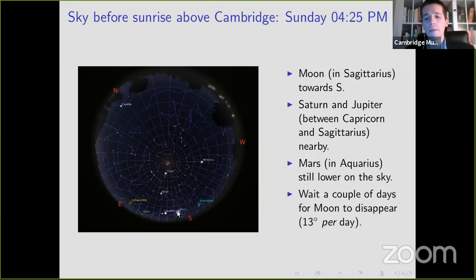One may have to wait a couple of days for the moon to disappear from this region in order to see the planets. Recall that the moon travels about 13 degrees per day with respect to the stars, so by Saturday it should have disappeared from this region and left Saturn and Jupiter and Mars on their own.